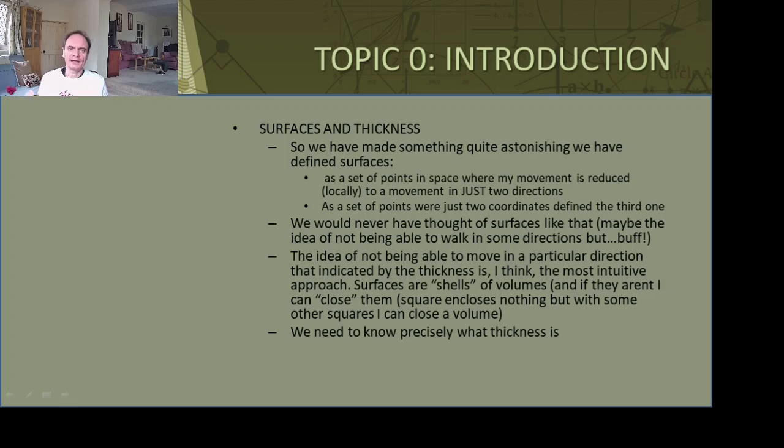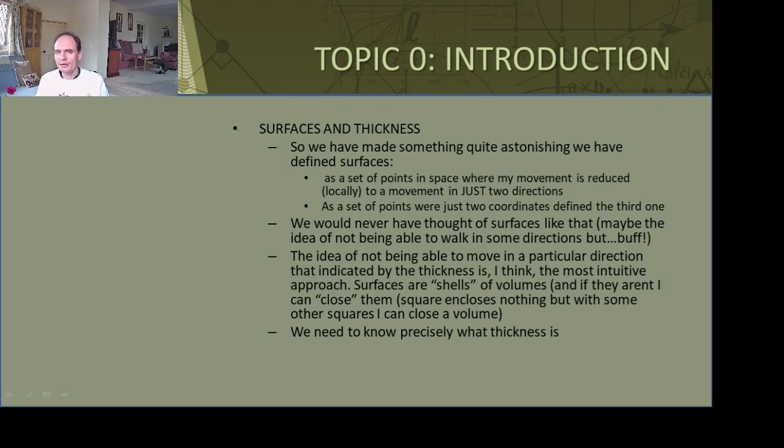The general idea is that we have managed to define surfaces as a set of points where my movement can be reduced to a movement in two directions, something which is quite surprising as a definition, nothing to do with what would come first to mind, I think, when thinking of surfaces.